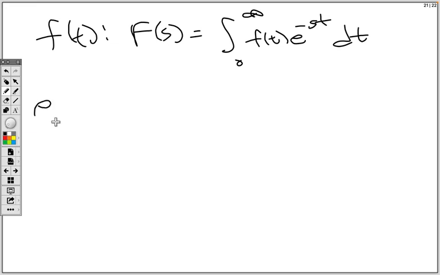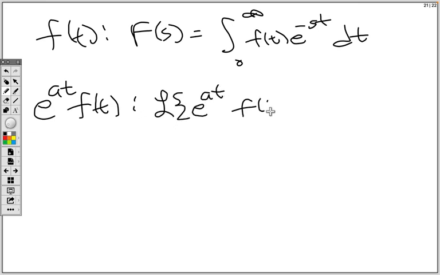If I look at e to the at f of t, and I look at the Laplace of that, that's going to be the same thing here, except instead of just having f of t, I've got an e to the at in there.